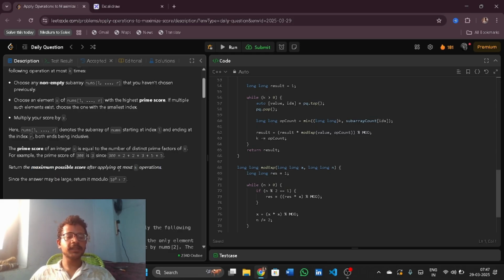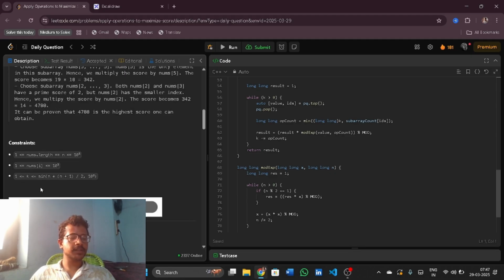Now, they say at most k operations, and that L can be from L to R. If I look at the constraints, k will be less than or equal to the minimum of n times (n plus 1) by 2, comma 10 power 9.